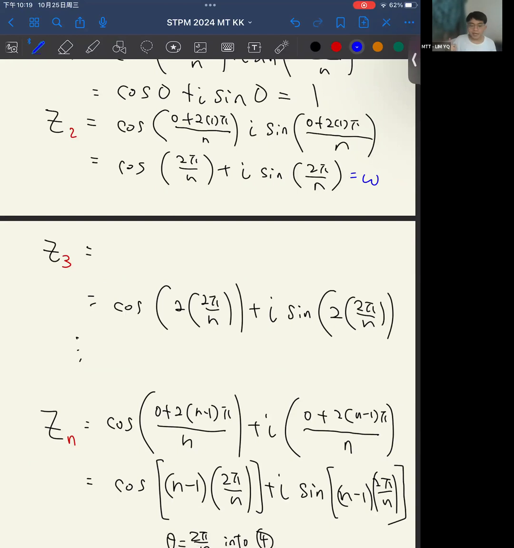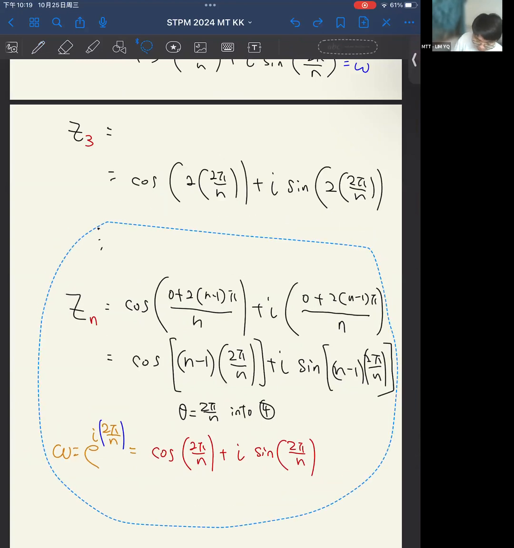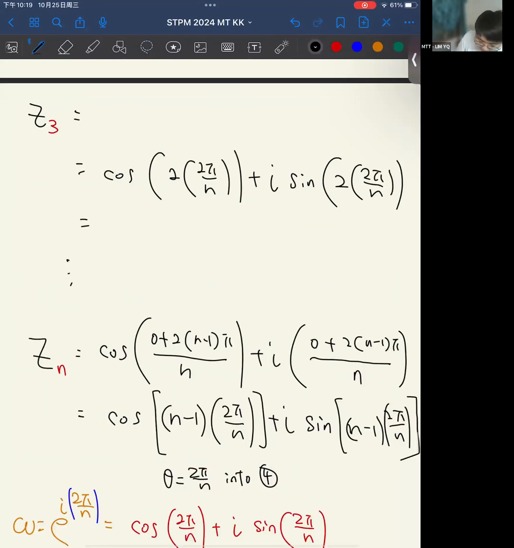Now look what is your Z3. Your Z3, can it be represented in any other form? Yes. Okay, because Z3, here I need some space. Later, please, you all write in another paper. This one just a draft only. Okay, it will be very messy one. Trust me.